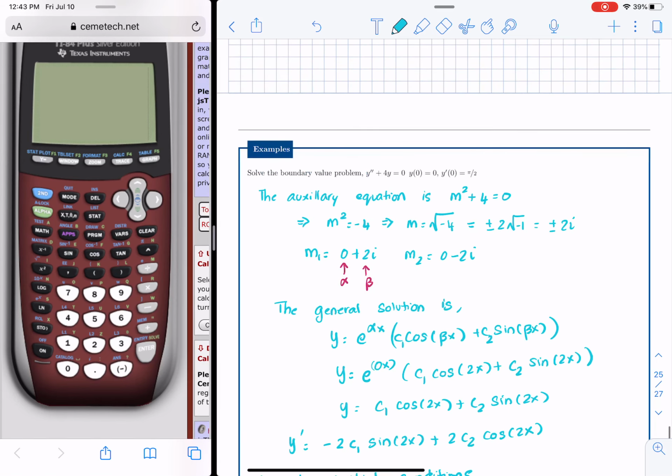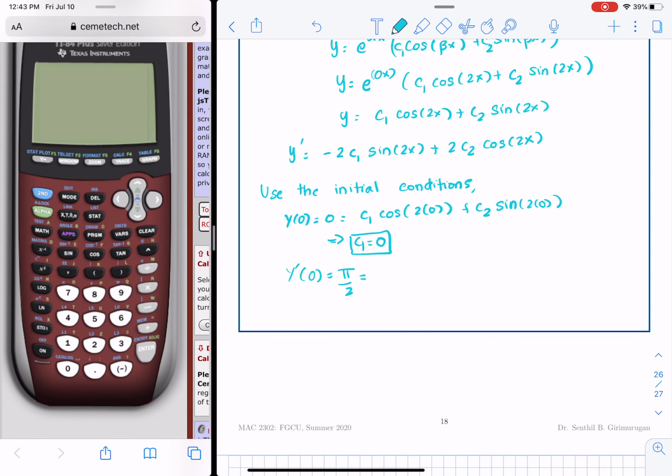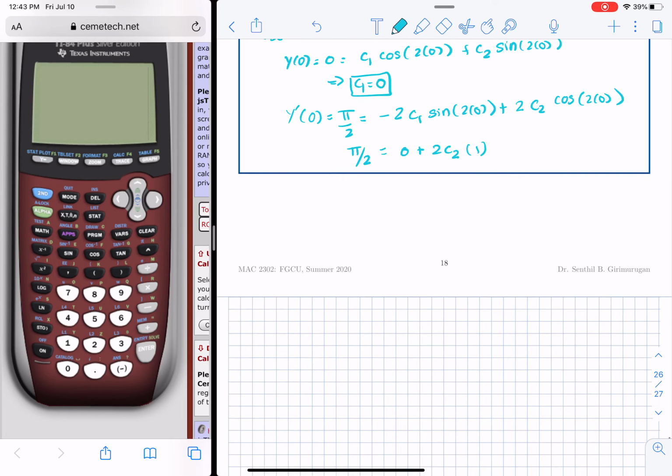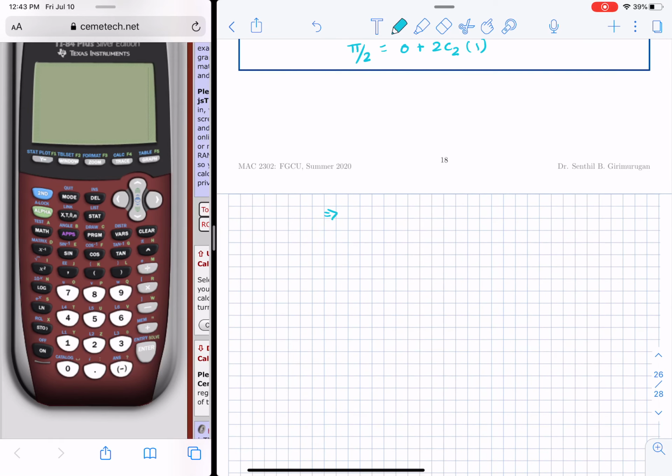That's what's given in the problem. So negative 2 c1 sine 2 times 0 plus 2 c2 cosine 2 times 0. First term is 0 because sine 0 is 0 plus 2c2 times 1 equals pi over 2. That would mean 2c2 equals pi over 2. So c2 is pi over 4.